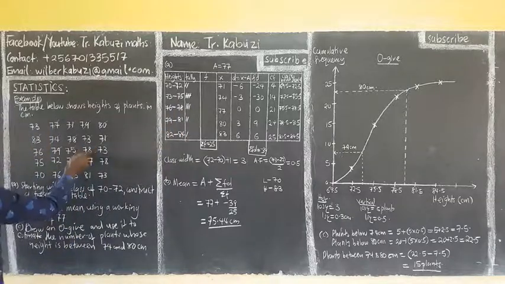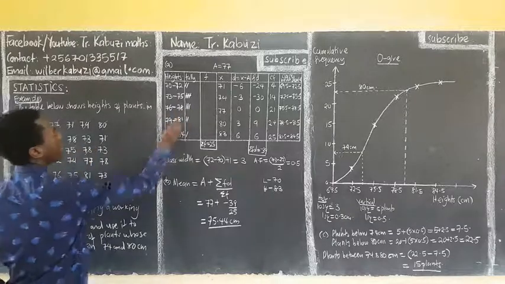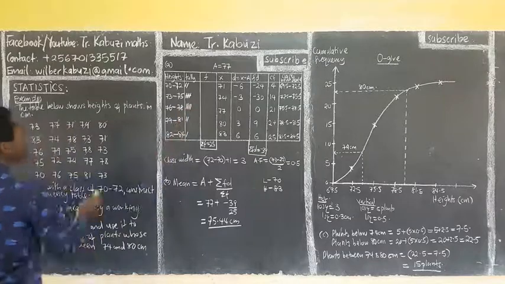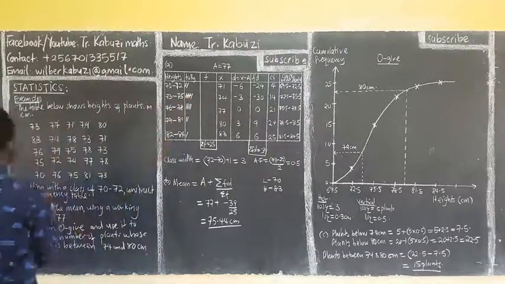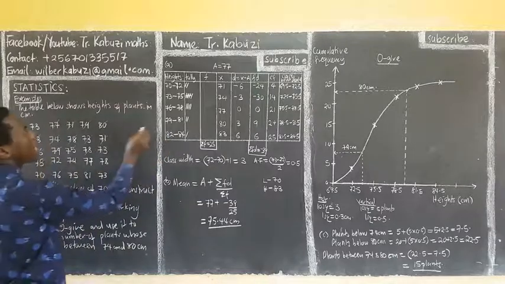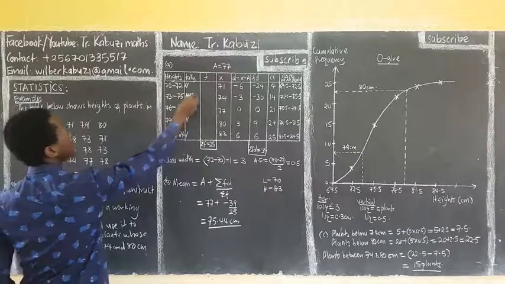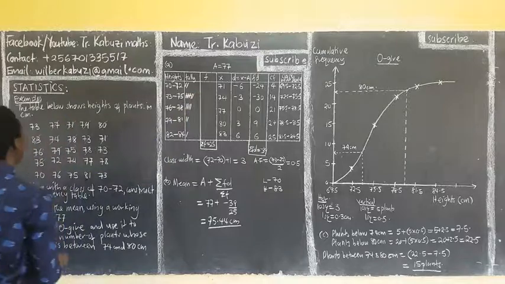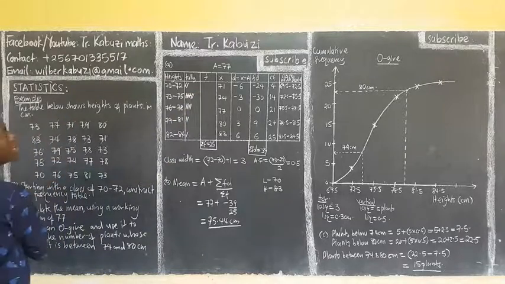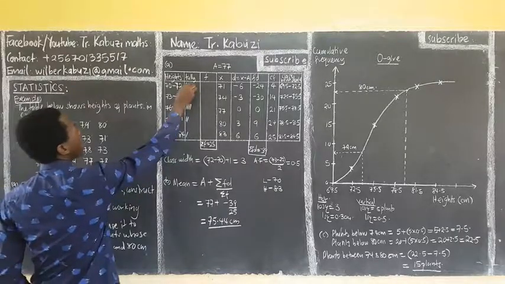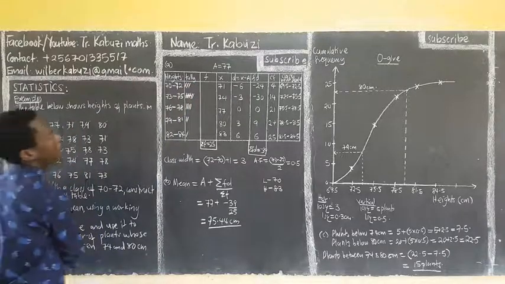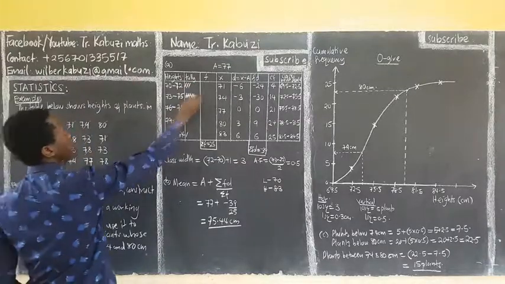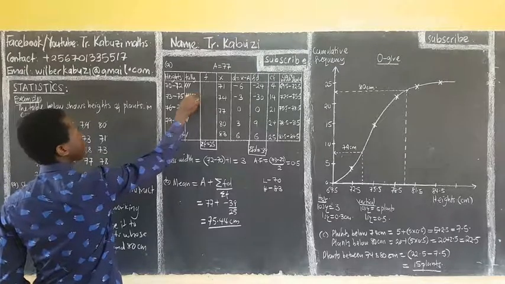Then 78 is here. Then 73 is here. 75 is here. Then 72, you have to be so careful. That's 72. Then 74, my 74 is in this class.